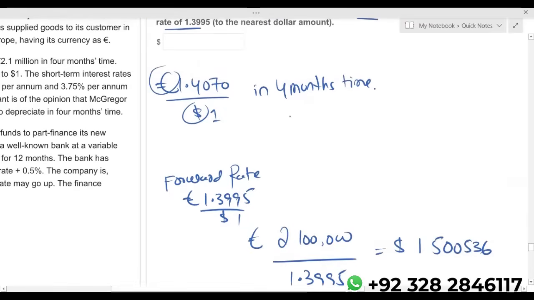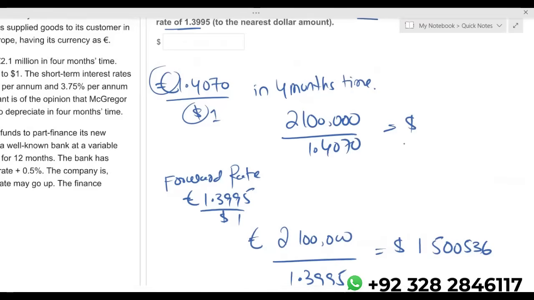If there wasn't any hedging, then the applicable exchange rate is 1.4070. Let's see how many dollars without hedge. Without hedge, they could have got 1,492,537 dollars.